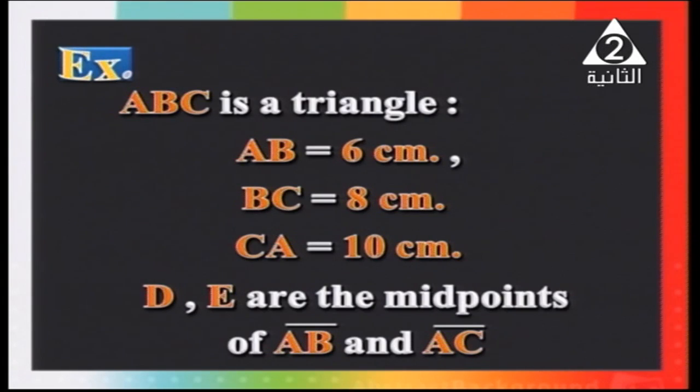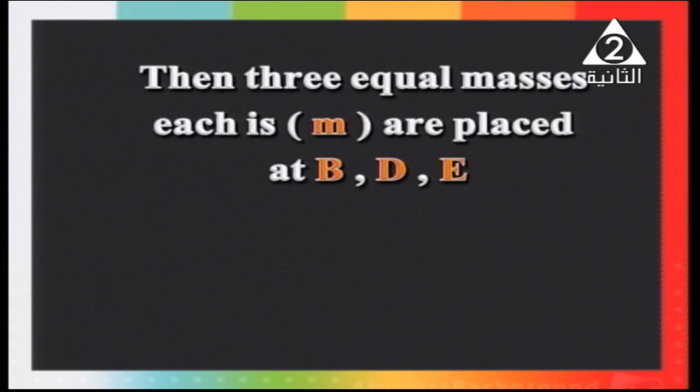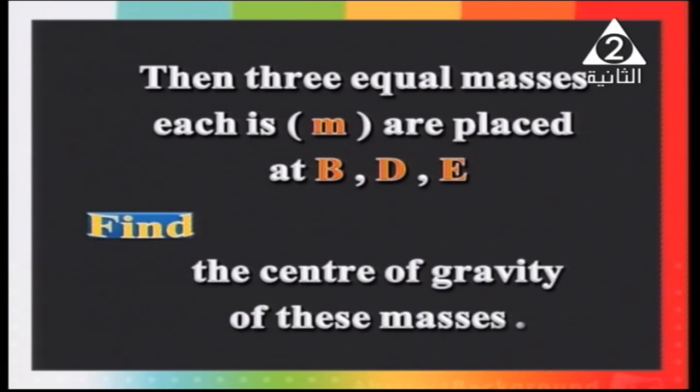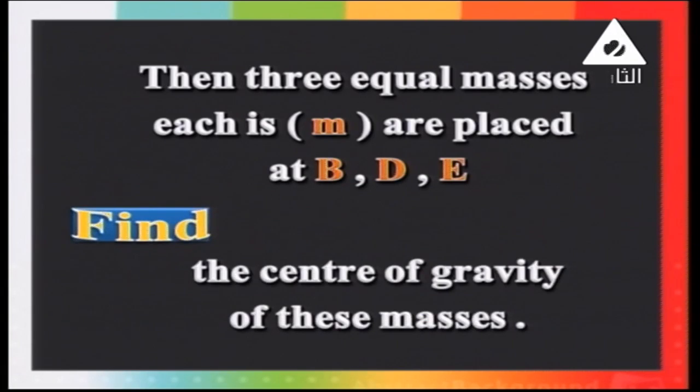Because CA square equals AB square plus BC square. D and E are midpoints of AB and AC. Then 3 equal mass, each M, are placed at B, D, and E. Find the center of gravity of this mass.